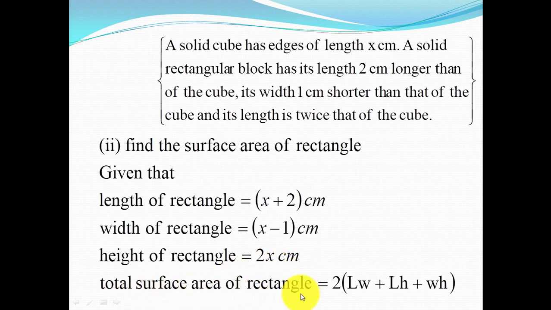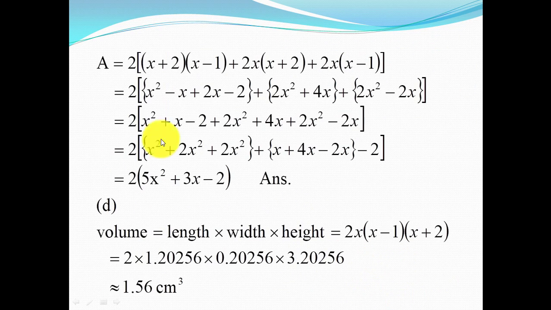So the total surface area of the rectangle is written here. Now putting the values of length, width and height, and multiplying these expressions we get x square minus x plus 2x minus 2, and this is 2x. This is also a term that involves x, so we can add them. Plus 2x minus x will be equal to positive x, and minus 2x retains, and these two terms also retain.